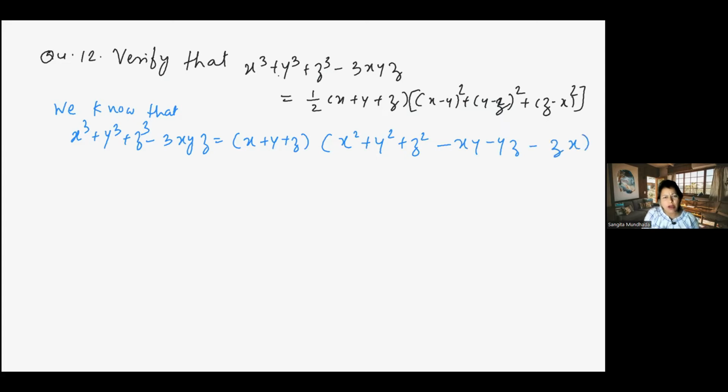Now I have to prove this. So first bracket is the same. Now I want half here, and in second bracket in place of this I have to write (x minus y) square plus (y minus z) square plus (z minus x) square. So I have to think how I will bring here x. I have x square and xy. How will I bring here (x minus y) square?